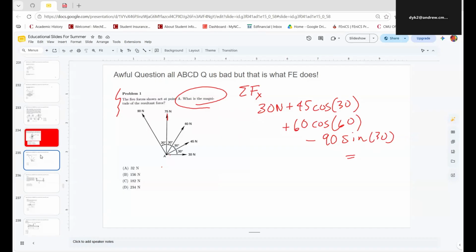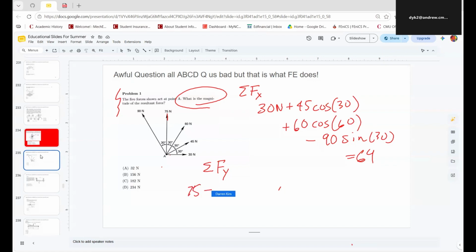Cosine 30 parentheses plus 60 cosine 60 parentheses plus minus 90 sine 30, right? And that is 69. Okay, and then we do summation of Fy.